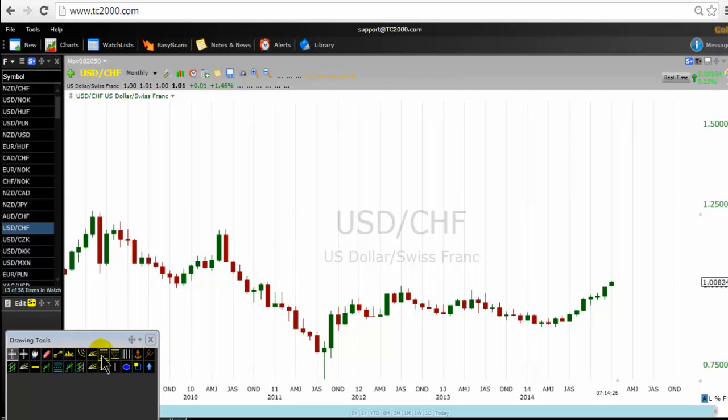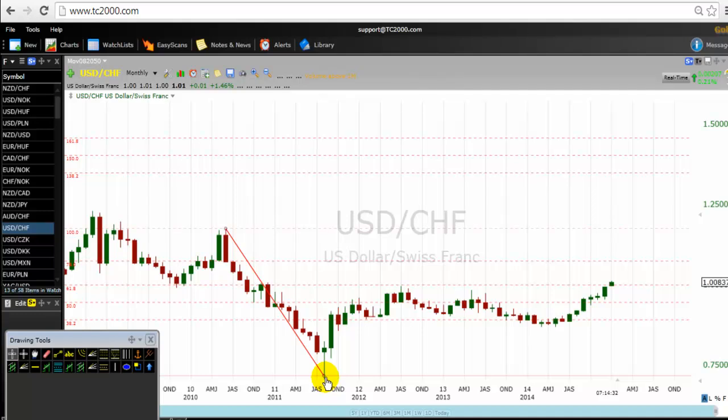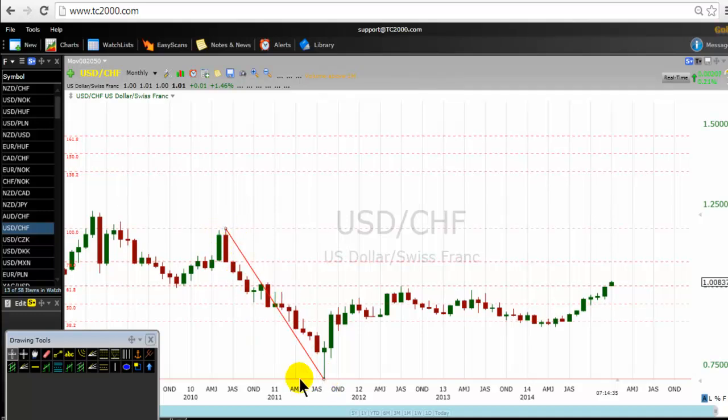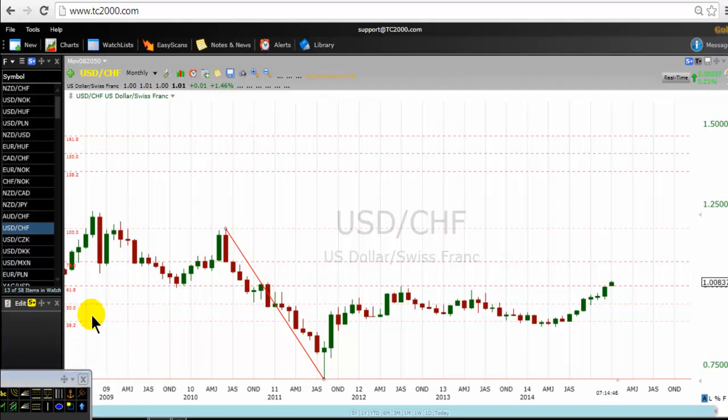The normal Fibonacci ratio that ordinary traders know is that we draw it like this, and these are Fibonacci retracements. In this case, we are applying the Fibonacci ratio to the price alone. When we are using the Fibonacci time zone, we are applying the Fibonacci ratio to the time. You see, this is the price on the vertical side of the chart. The horizontal line is the time. So when we apply the Fibonacci time zone, which also allows us to pinpoint possible reversal zones, we are applying the Fibonacci ratio to the time alone.